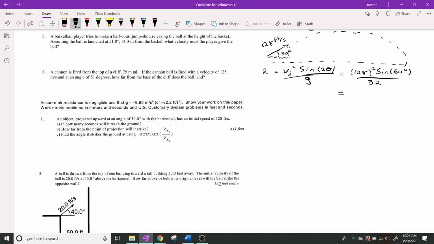So now what do we get? 440.6 feet is equal to the distance, right? Okay. So we now have the horizontal distance. We can use that information to find, because I think it just asks for the time. How many seconds will it take to reach the ground?